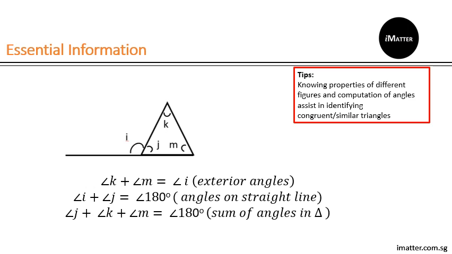Likewise, angles in the triangle, namely angle J, angle K, and angle M, must sum to 180 degrees. The moral of this slide is that knowing the properties of different figures and the computation of angles assists in the identification of congruent or similar triangles.